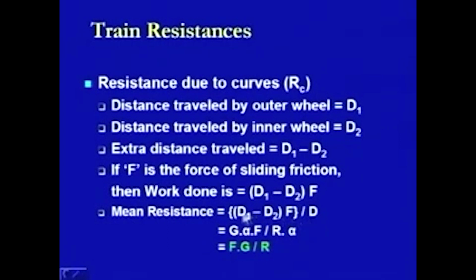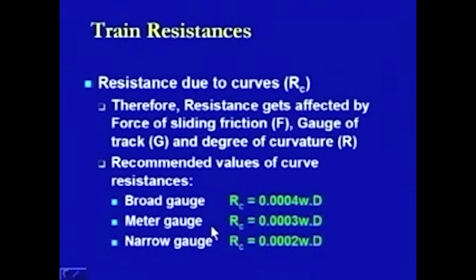And if we convert these diameters with respect to the angle and the gauge which is used, the final value is F multiplied with G divided by R. So this mean resistance, F multiplied with G divided by R, says that the resistance gets affected by the force of the sliding friction, the gauge of the track, and the degree of curvature.